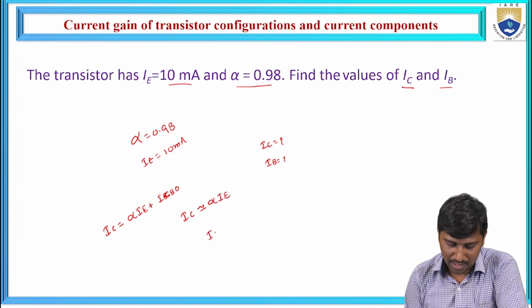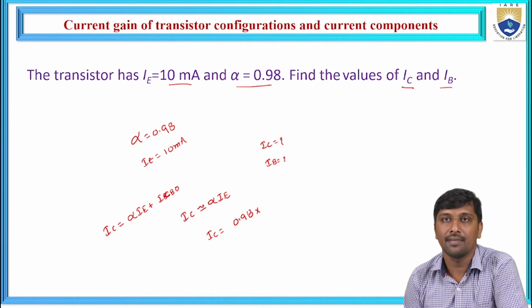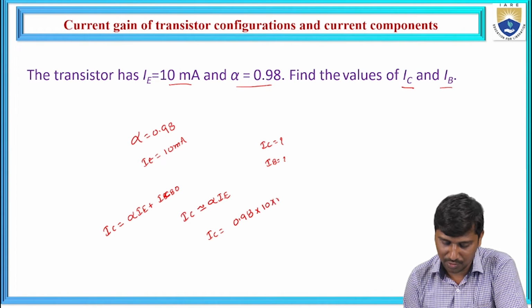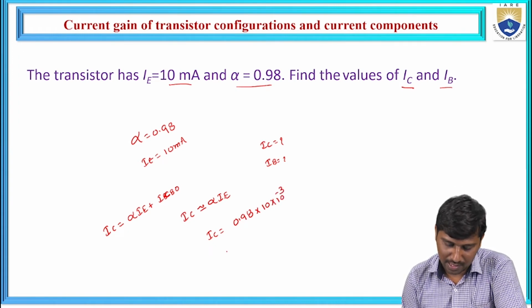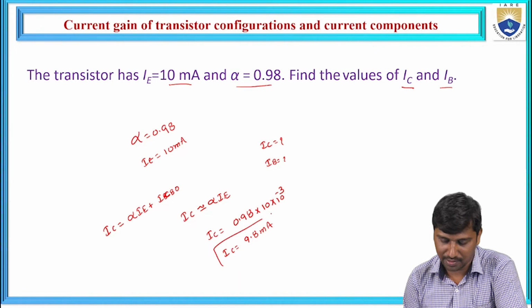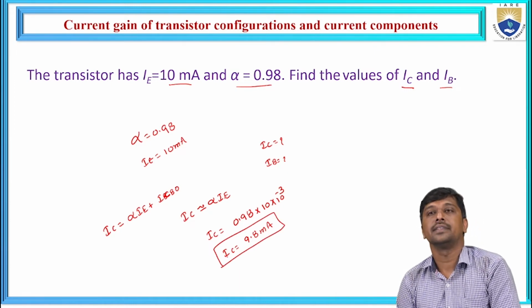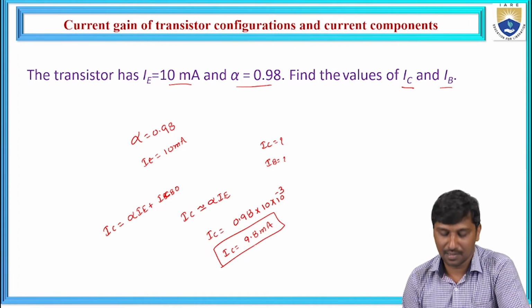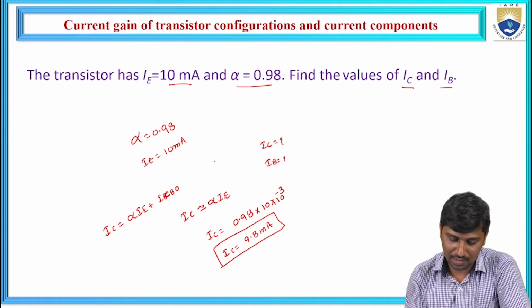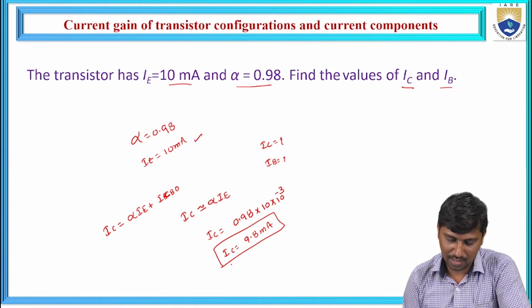So IC is equal to 0.98, IE is 10 milliamperes, means 10 into 10 to the power of minus 3. So the IC value is 9.8 milliamperes. Then we have the IE value and the IC value.